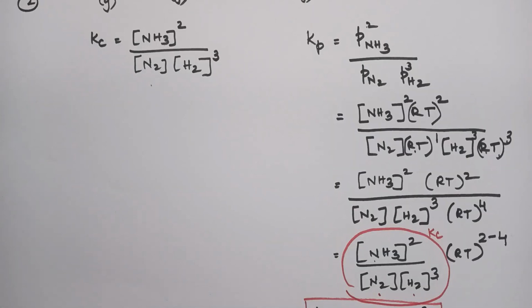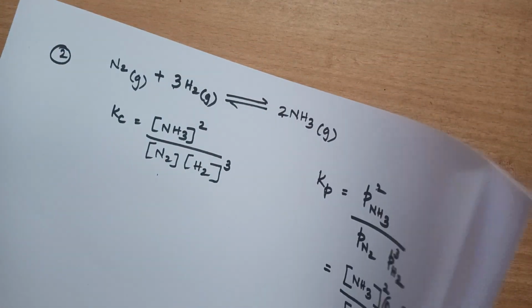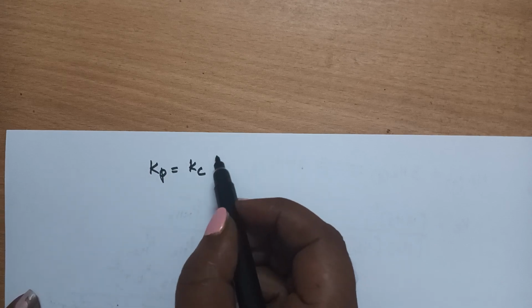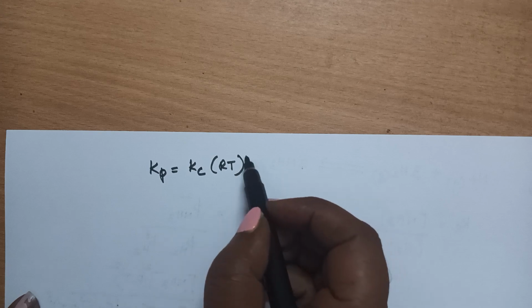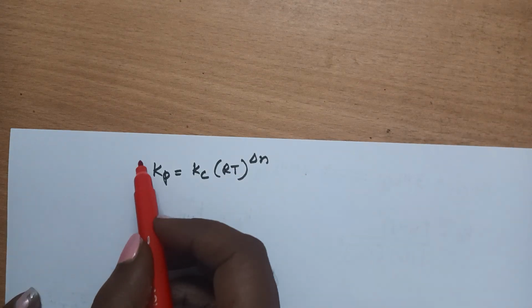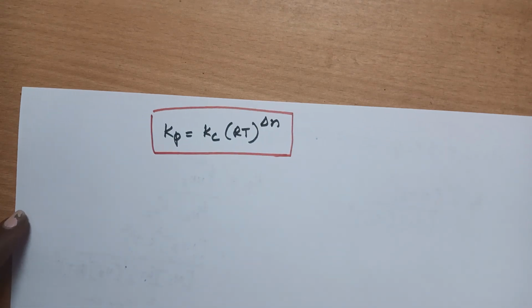So now let us generalize it. So the generalized equation is, you can generalize as Kp is equal to Kc RT to the power of delta n. So this is the general equation for the relationship between Kp and Kc.